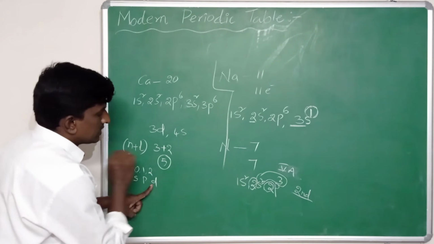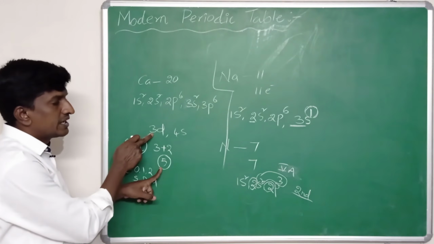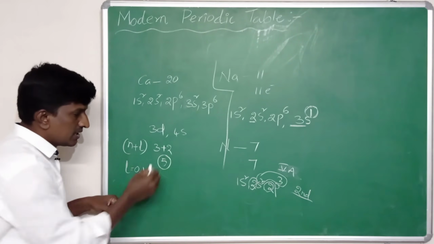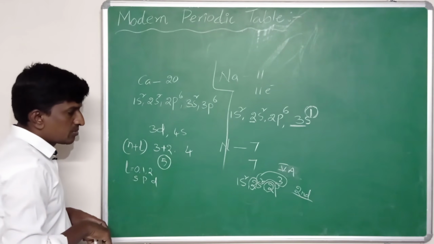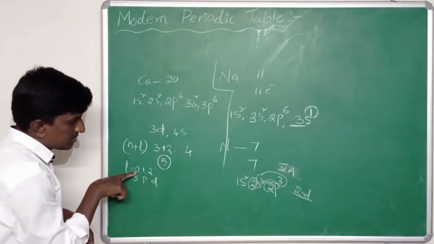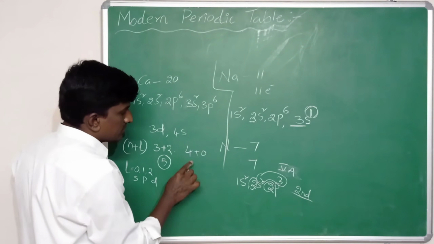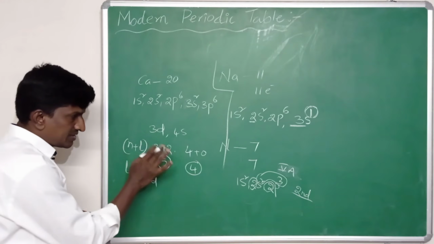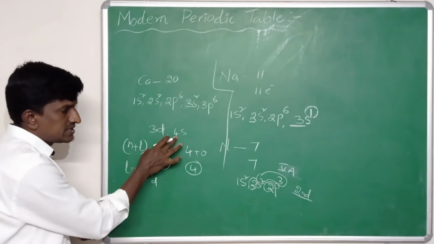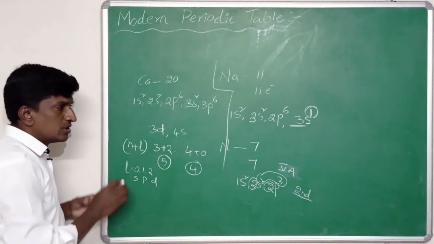So the 3d orbital has 5 units of energy. Similarly, for the 4s orbital, the main shell is 4 and l is 0, so 4 plus 0, its energy is 4 units. So the 3d orbital has higher energy than the 4s orbital.